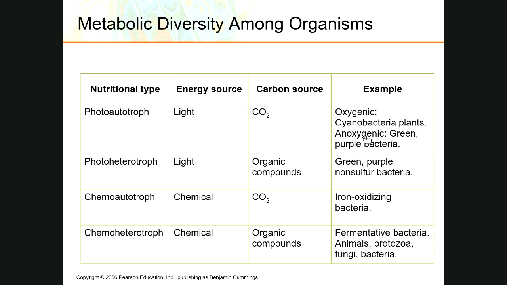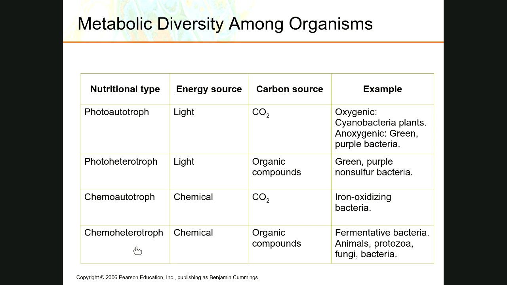A photoheterotroph uses light and organic compounds to feed itself. Chemoautotrophs are the rock-eating microorganisms. They actually digest minerals. So they use minerals in organic chemicals and CO2. And the chemoheterotrophs, the largest, most diverse group of organisms, they use a wide variety of organic compounds for energy and carbon.